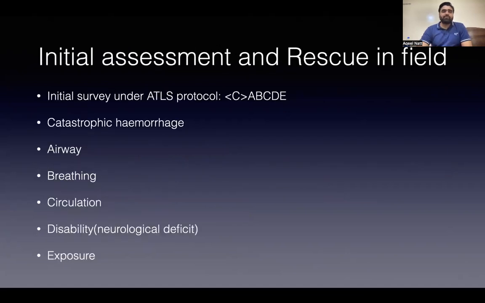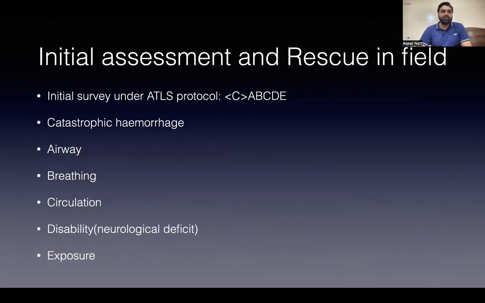How will you assess the patient with spinal cord injury, and then how do you treat in the field? It's according to the ATLS protocol. It starts from ABCD. First of all, before going to ABCD, we have to look for C. The C is for catastrophic hemorrhage.